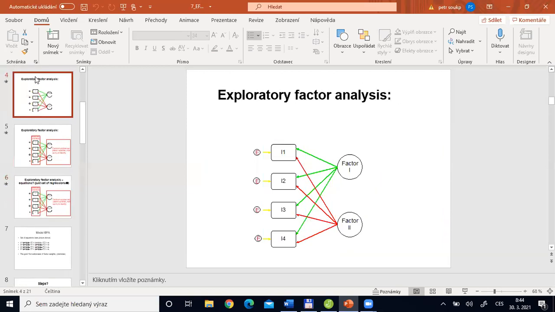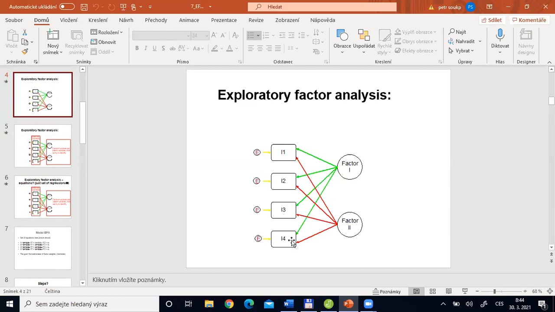Let's imagine for simplicity that, for example, this lambda and this lambda is quite big value, and these lambdas are quite small value, close to 0. And let's imagine that if this would be true, it would mean that maybe these two items have some strong relationship to this factor 1.